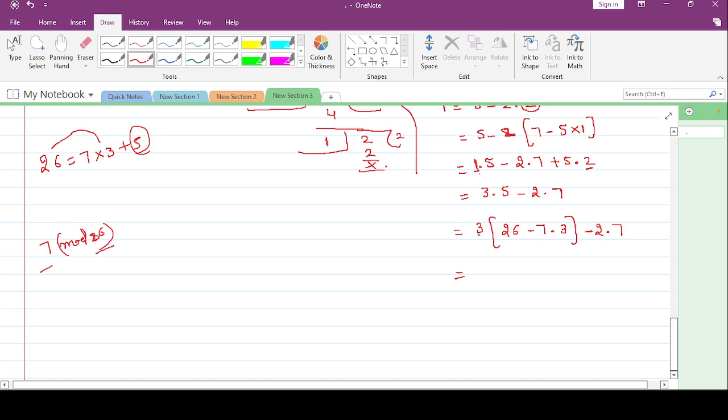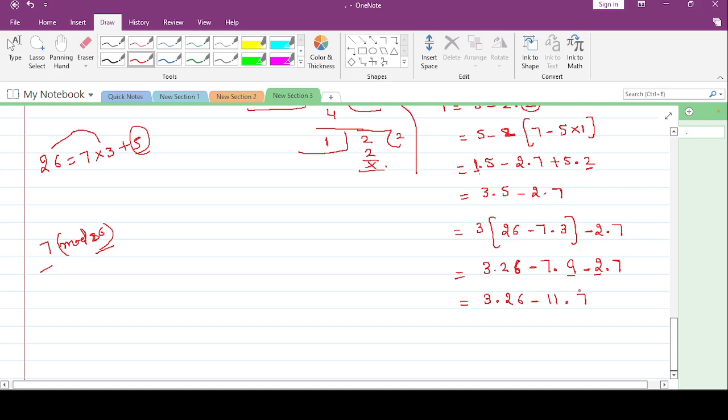So this is 3 into 5 which is 3 into 26 minus 7 into 3 into 3, which is 9, minus 2 into 7. Now it is minus 9 minus 2, which is minus 11, into 7.